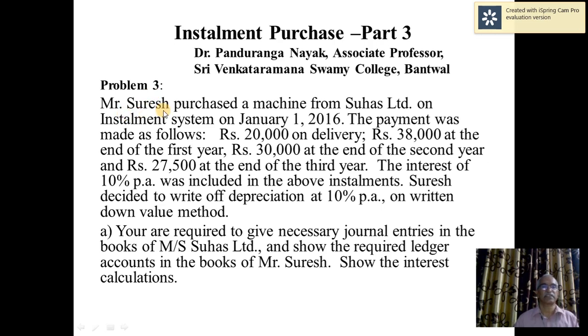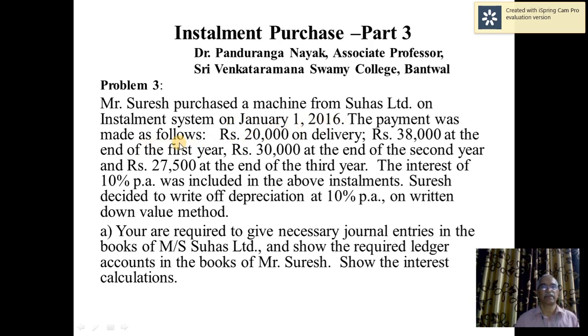Mr. Suresh purchased a machine from Suhas Limited on installment system on January 1st, 2016. So Mr. Suresh is the installment purchaser and Suhas Limited is the installment seller, and the agreement was entered into on January 1st, 2016.